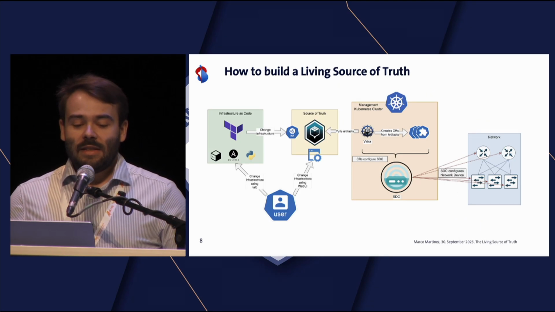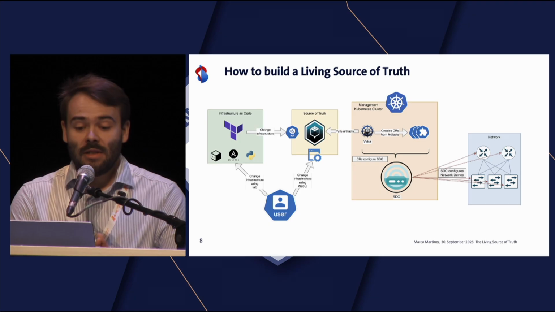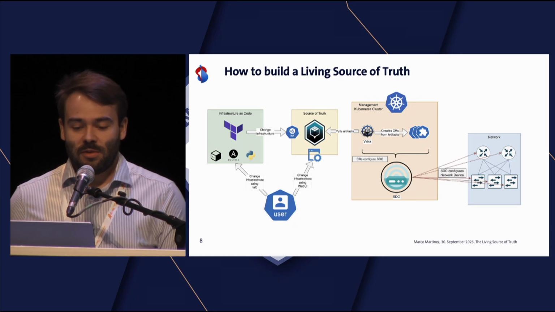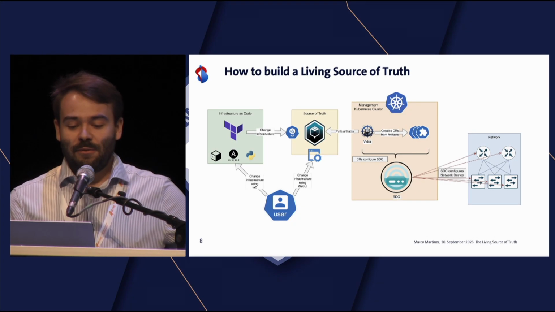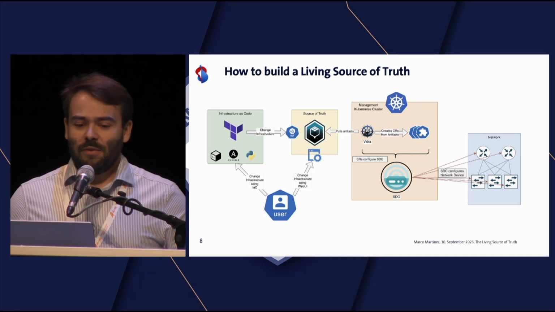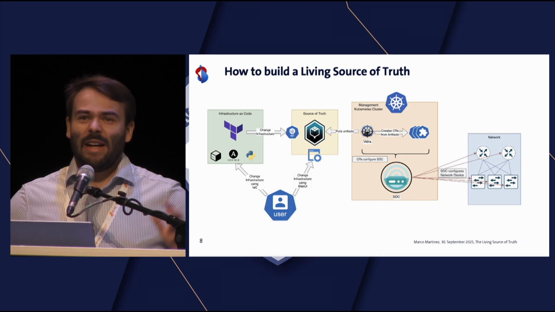So this is a little way how you could do it. On the left-hand side, you can see you have your infrastructure as code tools. And those are not modifying our infrastructure in the first step. They're just modifying our source of truth. So I can go onto the source of truth. Here it's Infrahub, where I can either go onto the web UI and do some modifications, or I just use Terraform and say, I want to have 20 new routers.